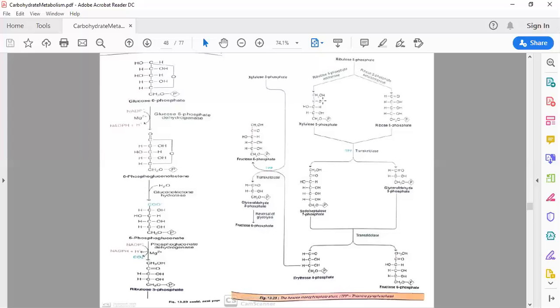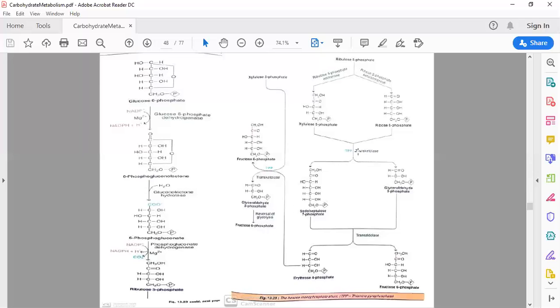So 2 carbons from xylulose 5-phosphate are transferred to ribose 5-phosphate. When 2 carbons are transferred, it forms 3 carbon glyceraldehyde 3-phosphate, and the 7 carbon pseudoheptulose 7-phosphate.